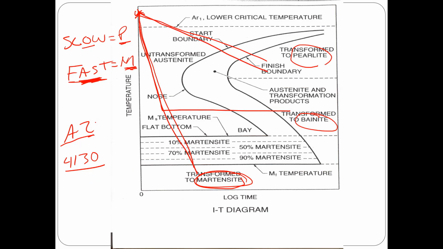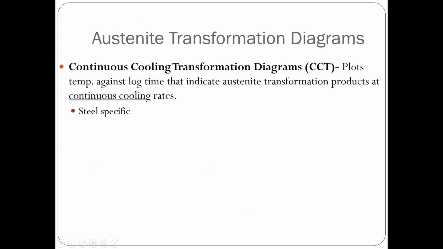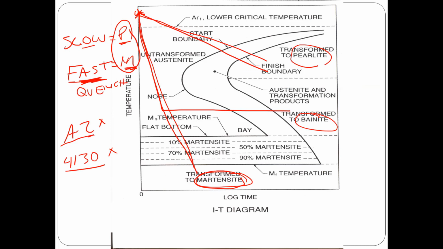So what is fast for one material might be slow for another material. Fast and slow is determined by the end product. Fast is the same thing as quench.